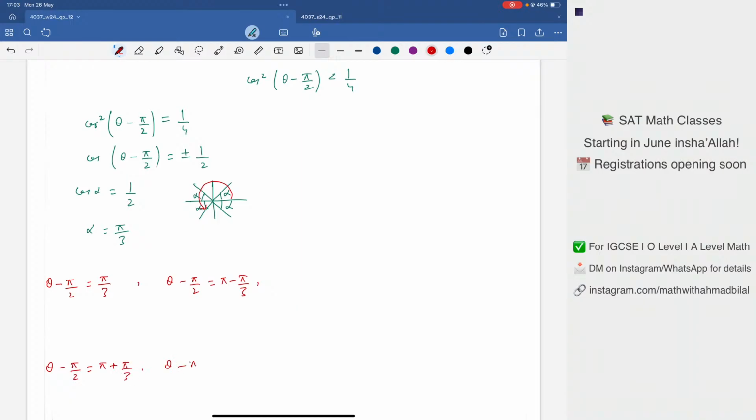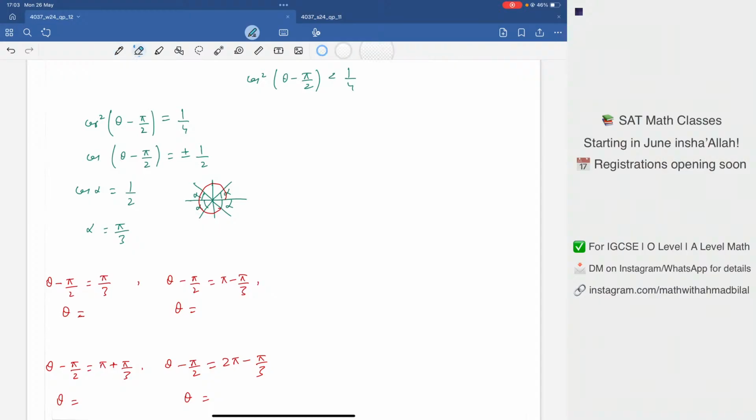Or in the fourth quadrant, it would be 2 pi minus pi over 3. All of them are going to give you different values of theta. So there are 4 values that we're getting from this. Let's see what those 4 values turn out to be.